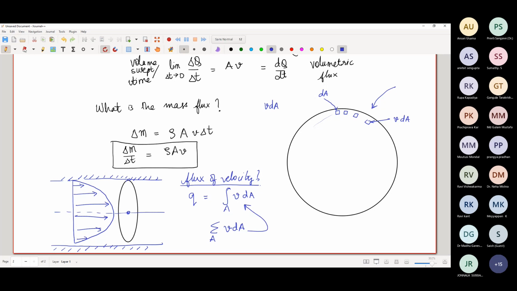But in certain cases, the problem offers us certain symmetry. So we can exploit those symmetries, and instead we can choose a differential area like this. So this is a differential area.